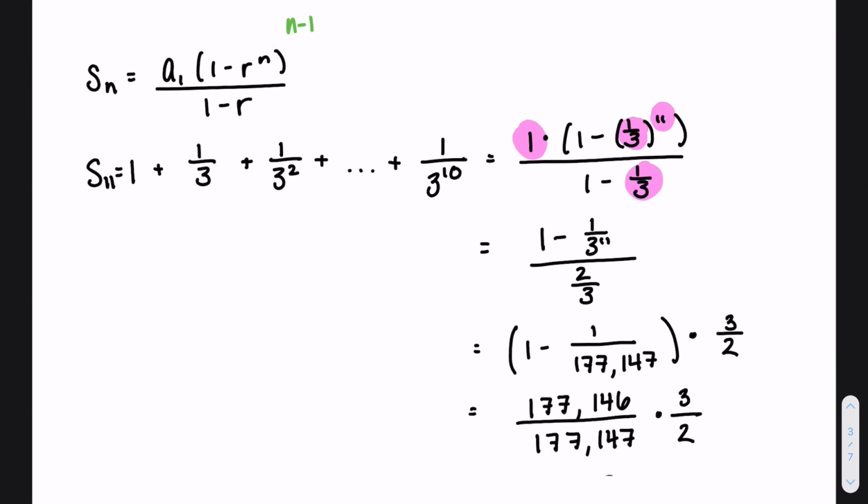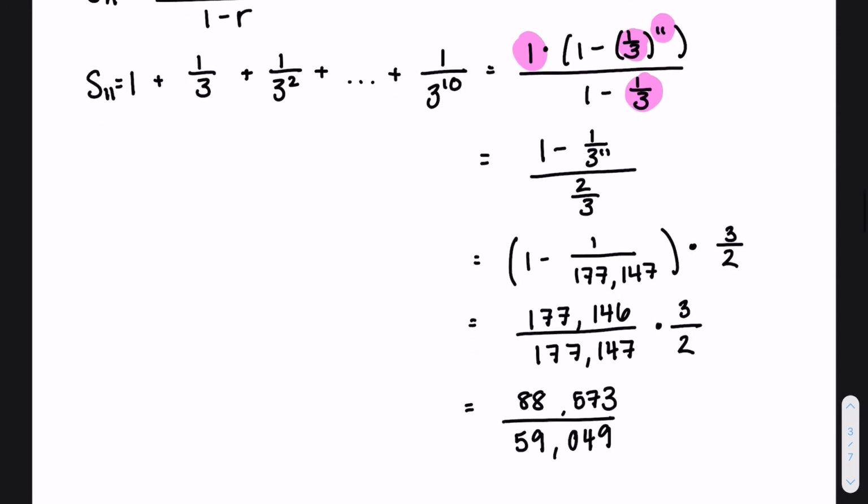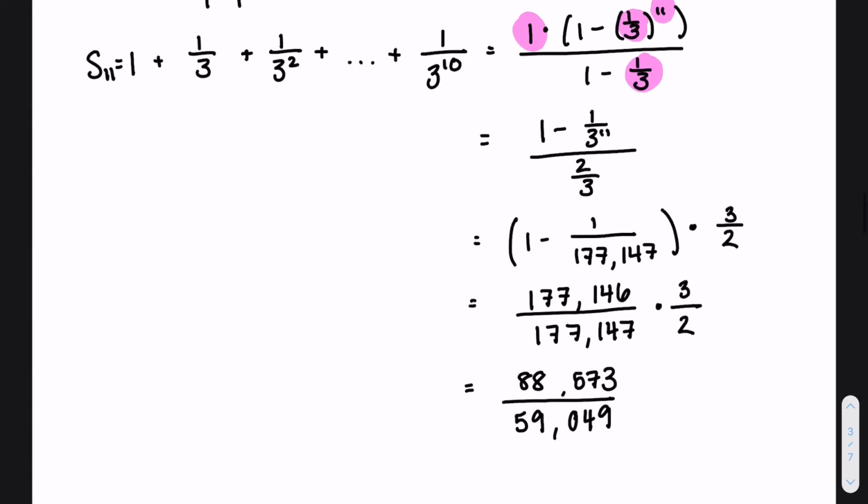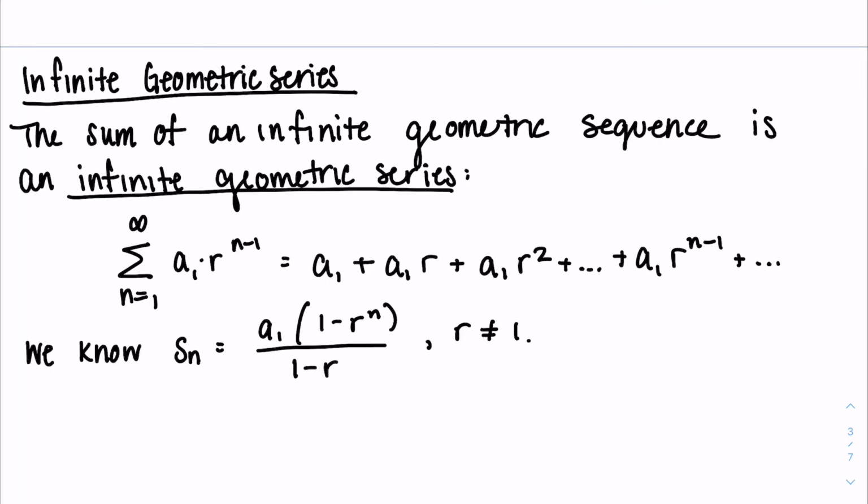Doing this subtraction, you're going to get 177,146 divided by that denominator times 3/2. And then you can simplify and find those common factors. The sum of this will equal 88,573 divided by 59,049.